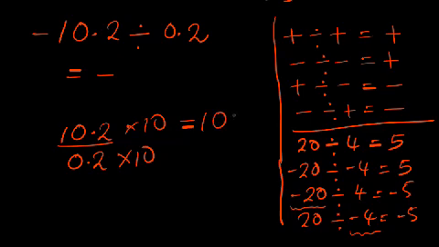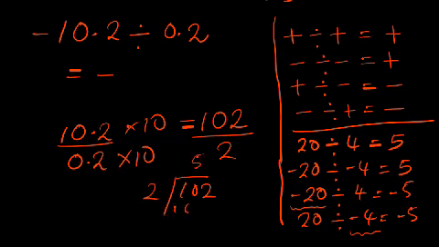So the question changes to 102 divided by 2. 2 times 5 is 10. 2 times 1 is 2. So the answer is negative 51.